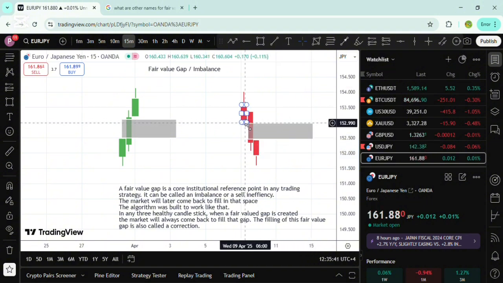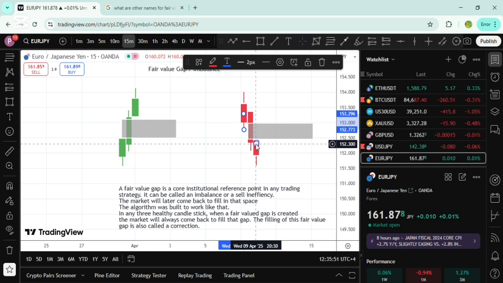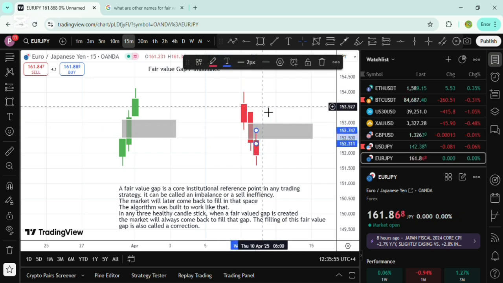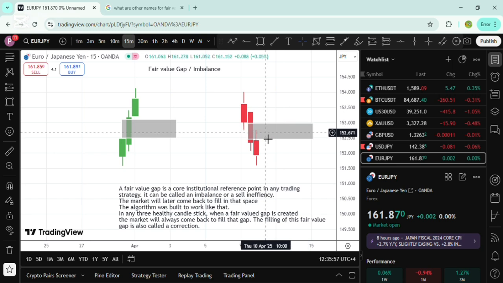On the sell side, the bearish fair value gap, when you look at the candlesticks, the wick is like this, going down on the downtrend. There's a connection between them.